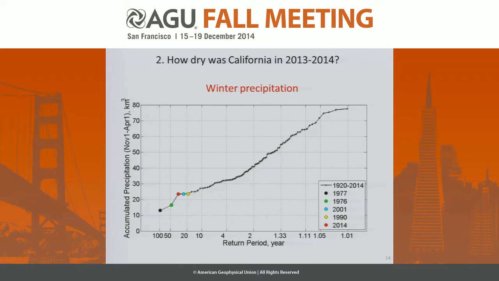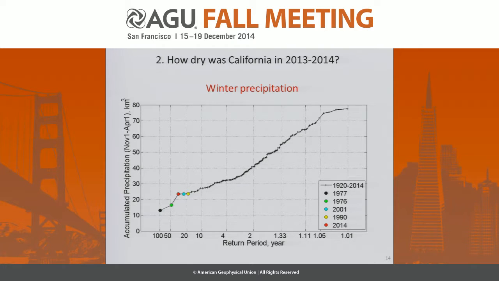The higher the return period, the less frequently the low precipitation event happens, so the more severe the drought is. The red dot here is water year 2014, which is last winter. We can see that last winter had the third lowest winter precipitation in the 95 years of record. So last year was pretty dry, but it was not the worst.